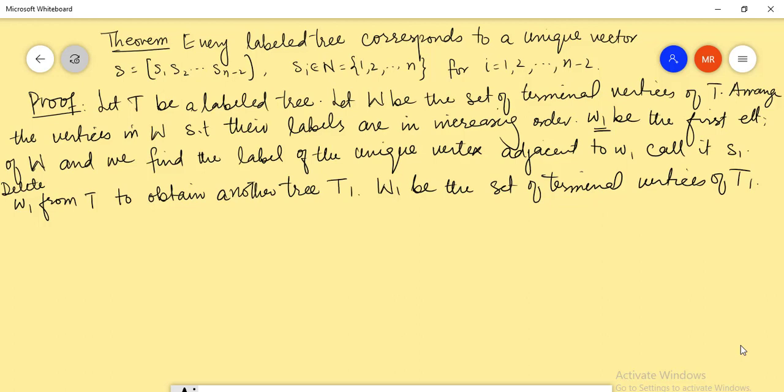And once again we arrange the elements of W1 such that their labels are in increasing order.